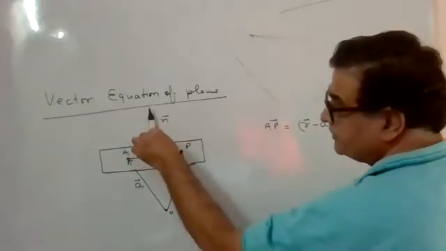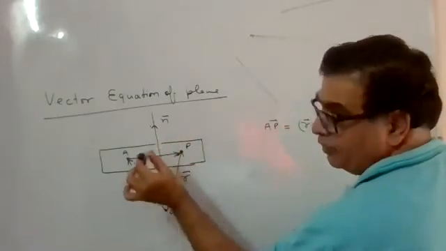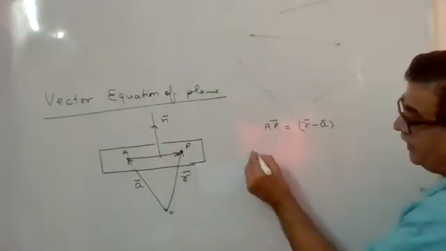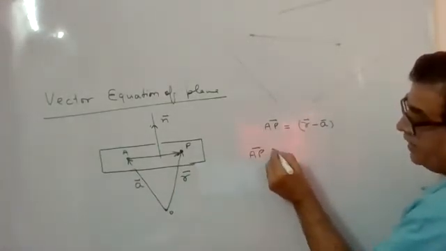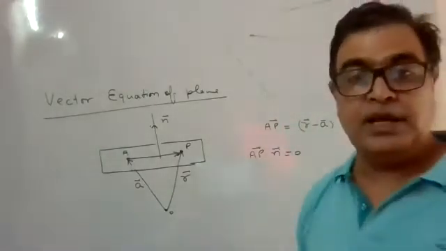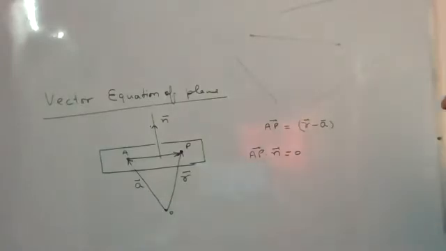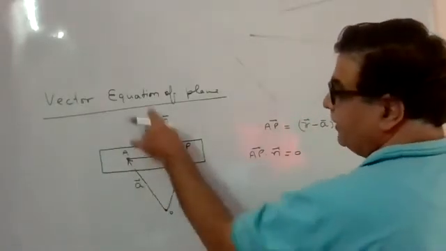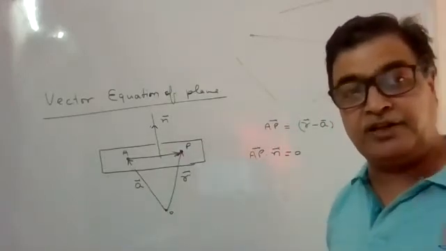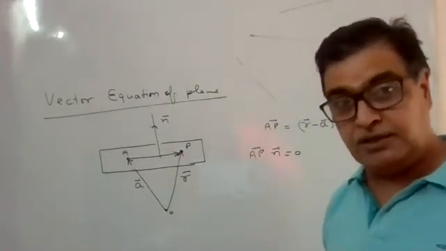Normal means actually this is not the normal this way, it is actually going this way. So we will have AP dot N has to be 0, because AP will be perpendicular to N. Normal is what? A vector which is perpendicular to the plane.